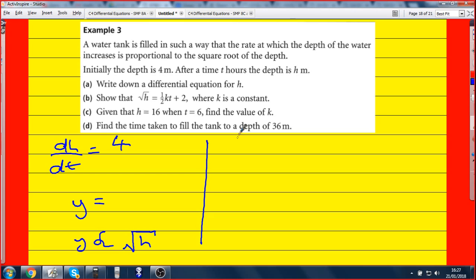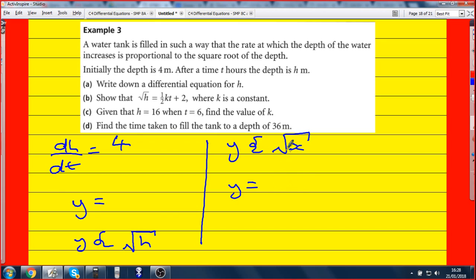Like if you think back to GCSE, y is proportional to root x. That tells you y equals, how would you express that? You may not remember it.